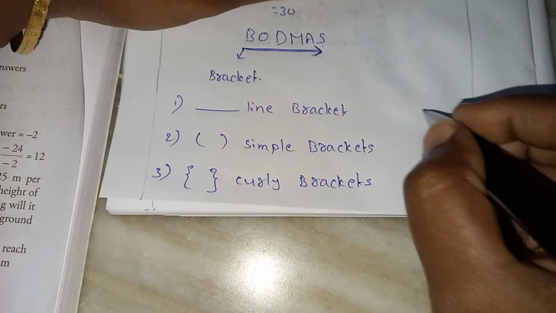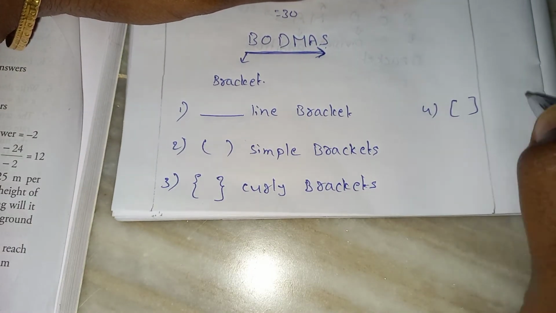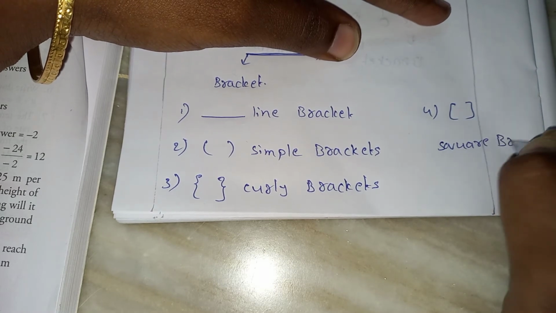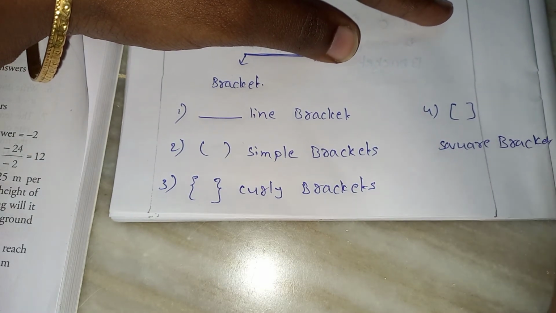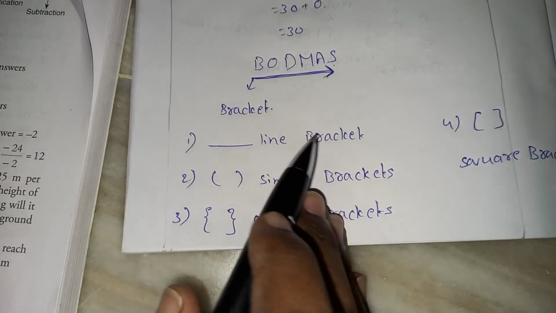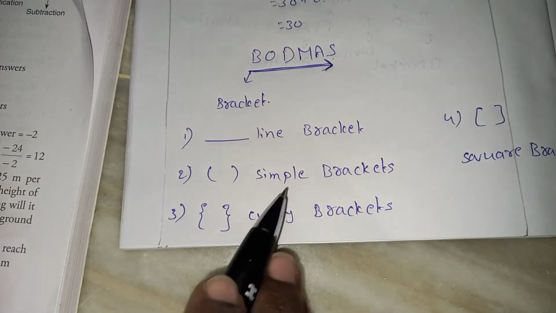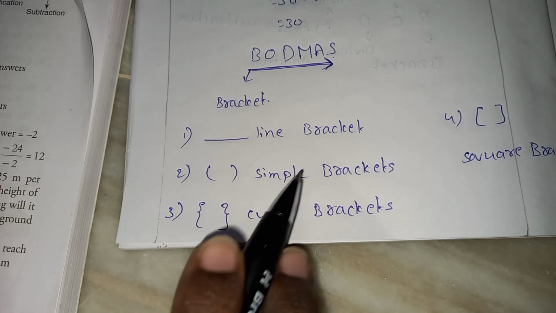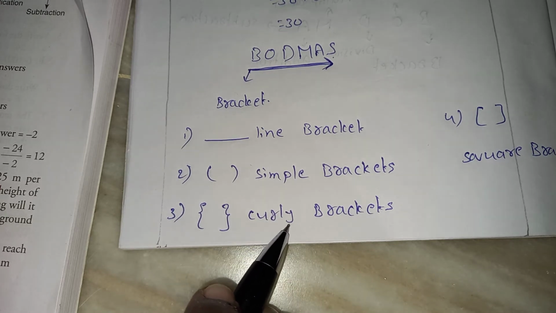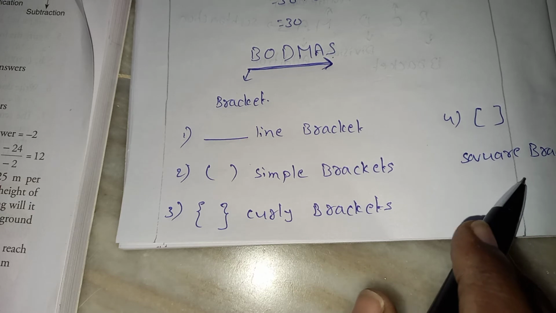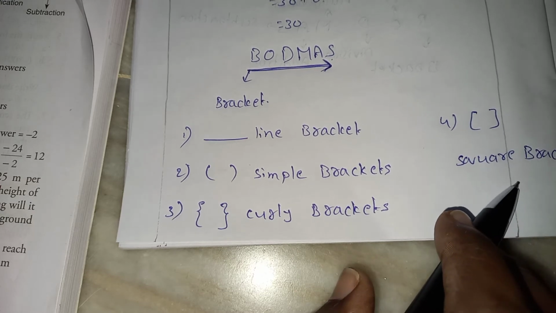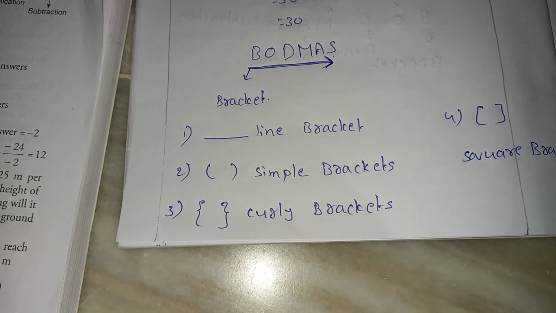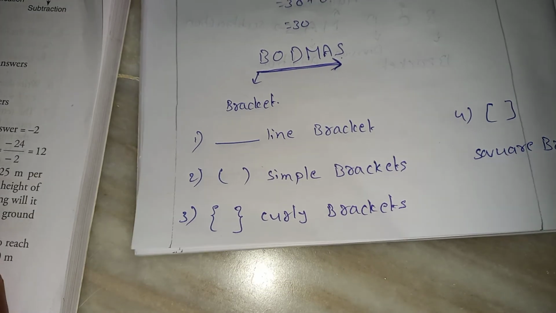And type 4 is square brackets. Okay. Line bracket, simple bracket or small bracket, curly bracket or braces, and the square bracket or box bracket. So these are 4 different types of brackets.